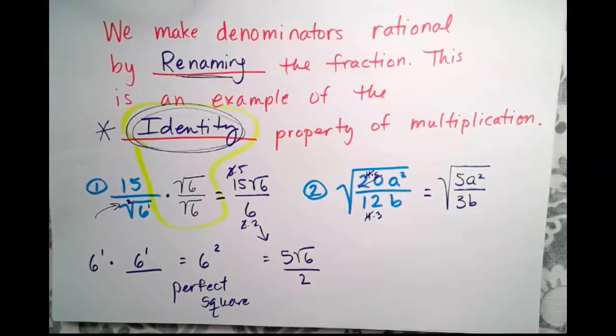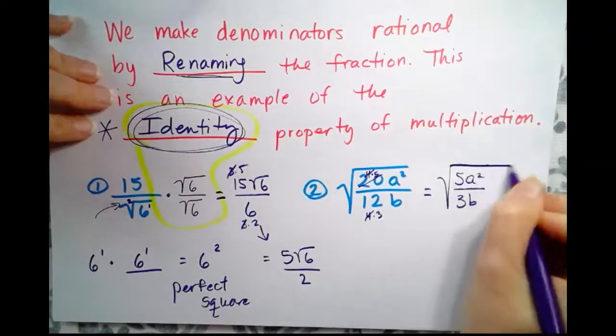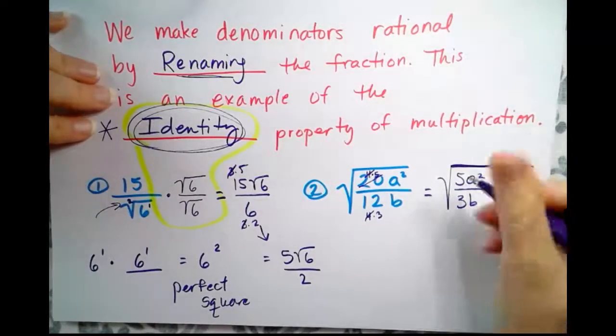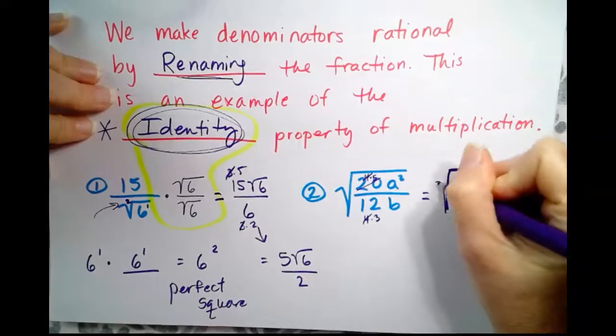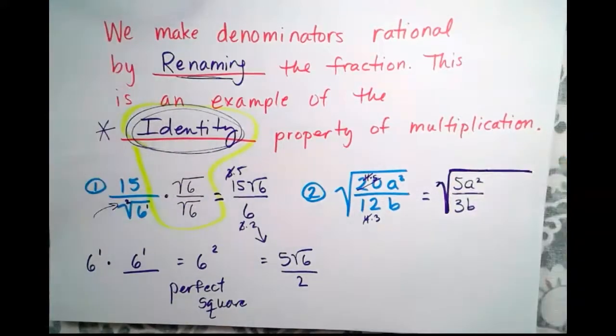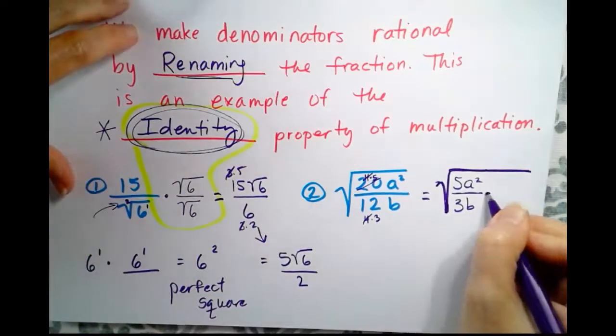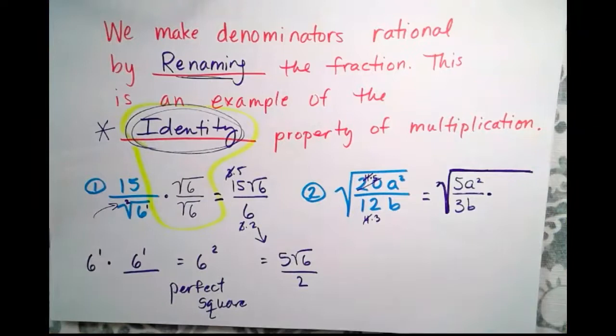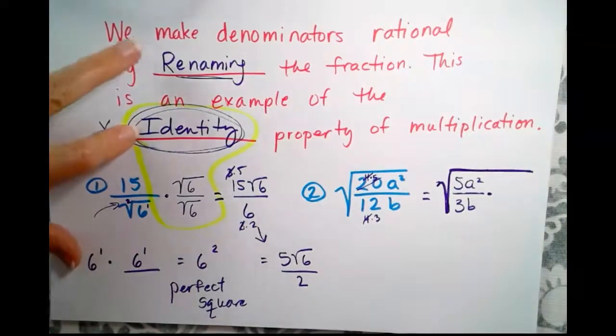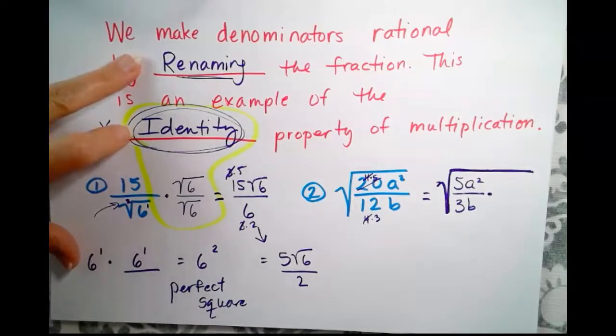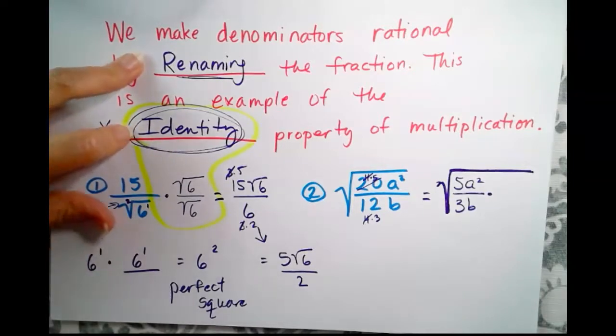And if we simplify the radical first, it makes the rest of the problem a little bit simpler. Now what I'm going to do is extend that radical sign, and we'll do that a few more times this year. And you could multiply by another radical over a radical, or you could just multiply all underneath that radical to begin with. But still renaming the fraction by multiplying by the identity.